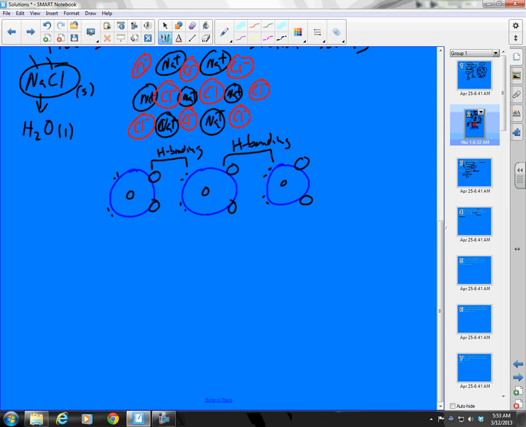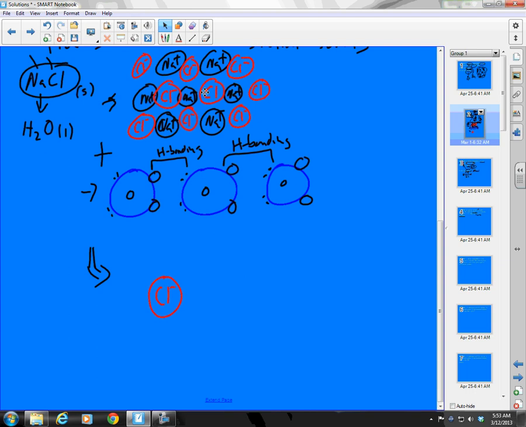before. So I would have my sodium chloride being added to this, and then what do I get? When I'm done, what's going to happen? Well, I'm going to have a chloride. And what part of the water is going to be attracted to the chloride?